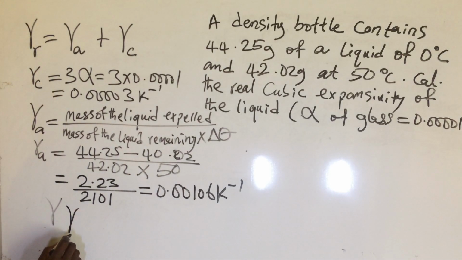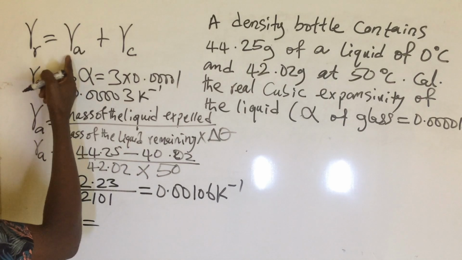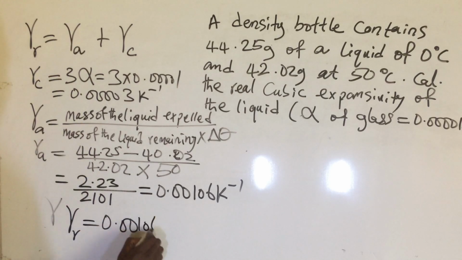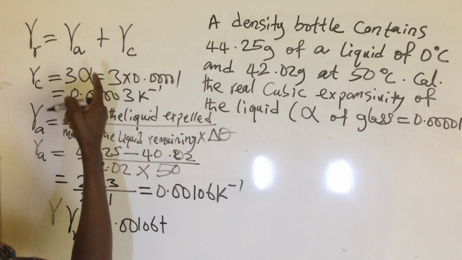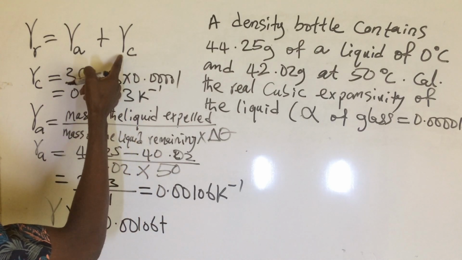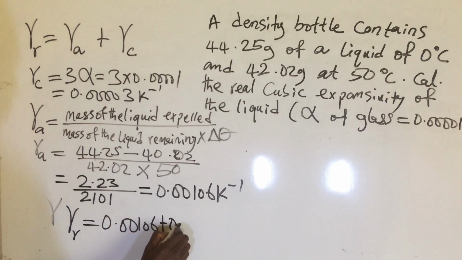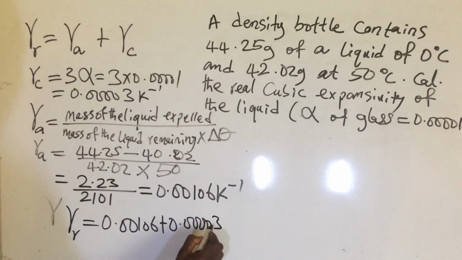Now calculating the real cubic expansivity with this formula: our real cubic expansivity will be the apparent one, 0.00106, plus the cubic expansivity of the container, which is 0.00003.